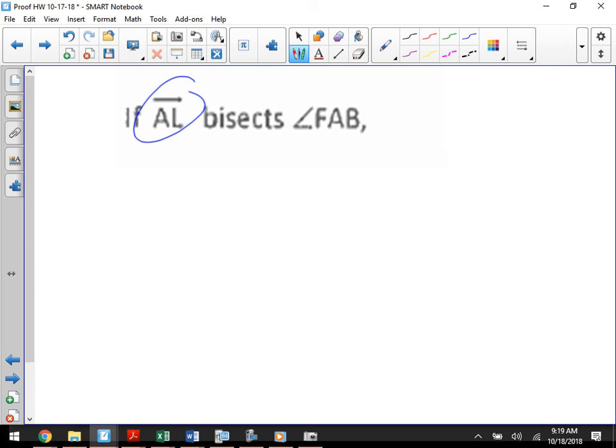Well, this is a ray. There's only one arrow, so I would draw angle FAB. Where does that ray have to go through? Where does that ray start? At A. If it bisects it, what does it do to the angle? Splits it in half, splits it into 2 equal parts. So this is an L then, right? These two have to be the same.